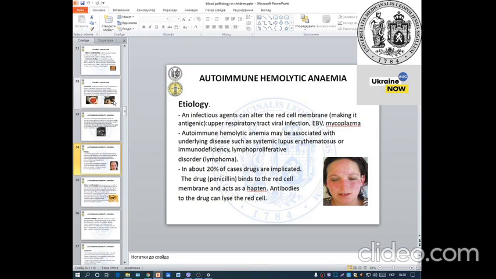In about 20% of immune hemolytic anemia cases, drugs are implicated. The drug, for example penicillin, binds to the red cell membrane and acts as a hapten. Antibodies to the drug can lyse the red cell.